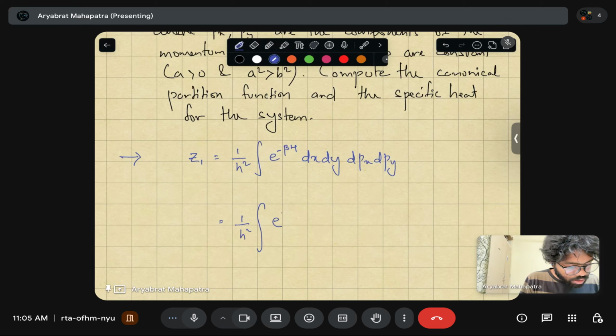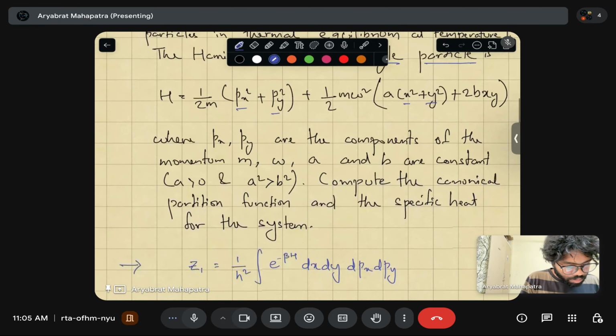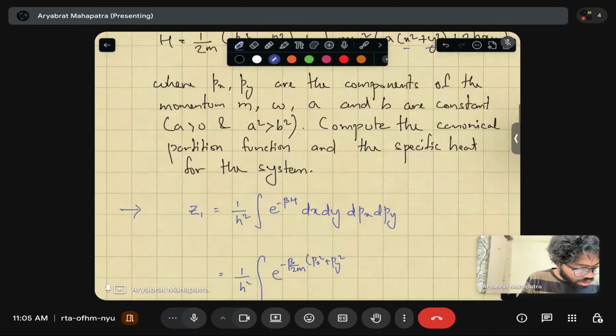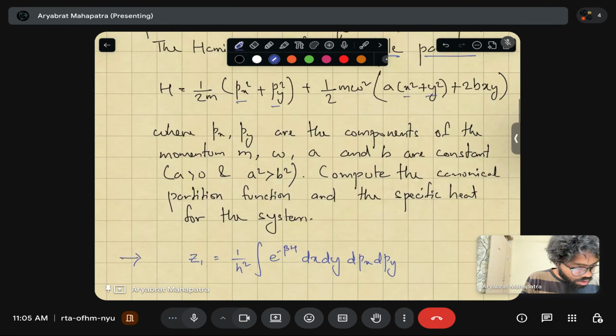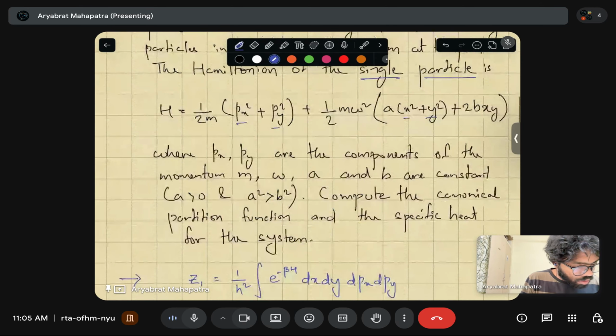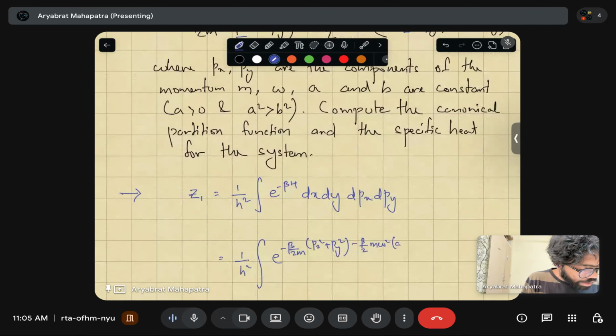Your H is, beta times H equals beta over 2m (px square plus py square) plus beta over 2 m omega square (a x square plus y square, plus 2bxy).